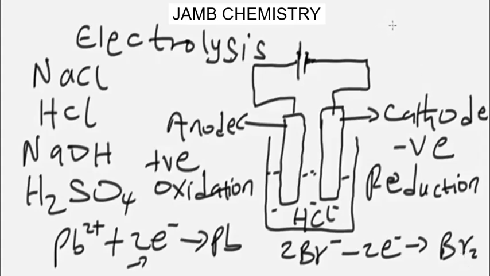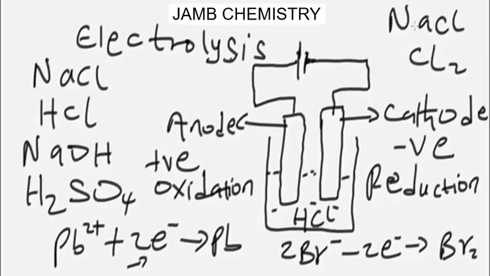Had it been a reaction of sodium chloride, when chloride in this sodium chloride electrolyte moves towards the positive electrode, the anode, the chloride will get oxidized by losing electrons to form chlorine, but the kind of atom it will form will be its molecule. It will be chlorine gas. So take note of this, very, very important, guys.